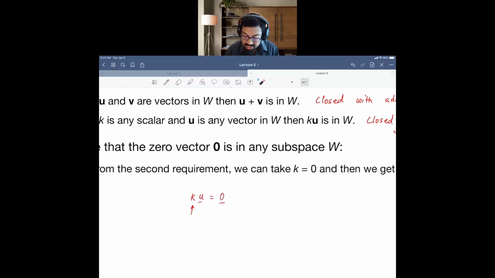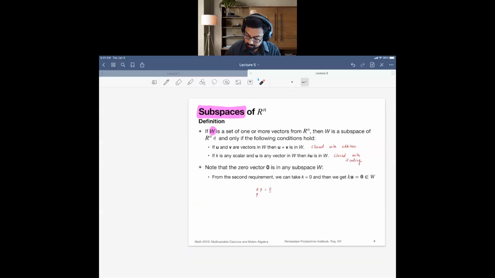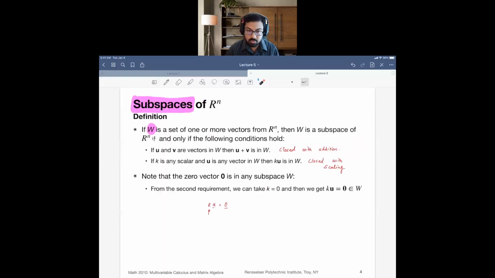So when you scale something with k being 0, you get the result to also belong to W. So kU will be equal to 0, which means that any subspace W is going to include this particular 0 vector. So I've scaled this vector U. I got the answer to also belong to that same subspace. So kU equals 0 when k is 0. All right, so that's how we are defining subspaces. And we have also said that zero vector is going to belong to any subspace W.